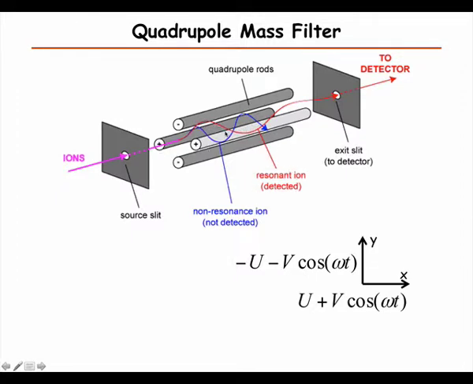So they will go through and go to the detector, while all the other mass to charge ratios will either collide with the quadrupole rods or not make it into the detector. So usually what one does is that one scans what is the resonant mass, so that one gets a mass spectrum from this.